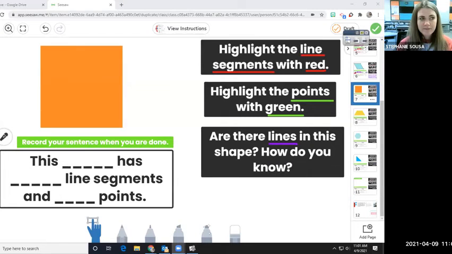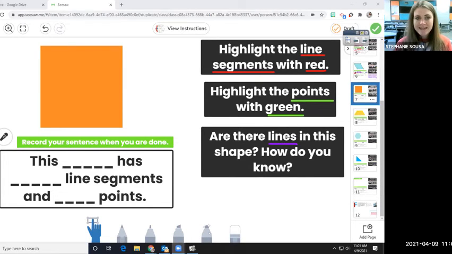All right. So let's talk about what you're getting ready to go do in a breakout room. It is slide 7. Take a look at slide 7. You are going to describe this shape by the number of line segments, points, and lines that are on it.